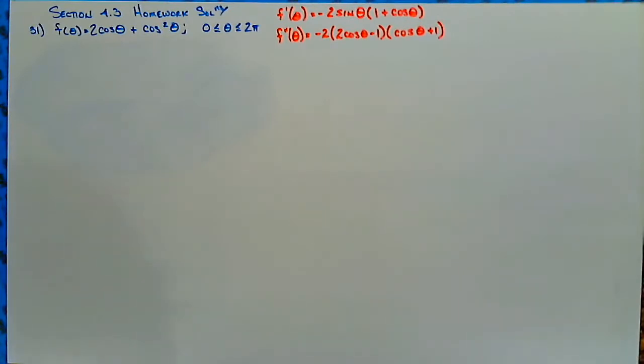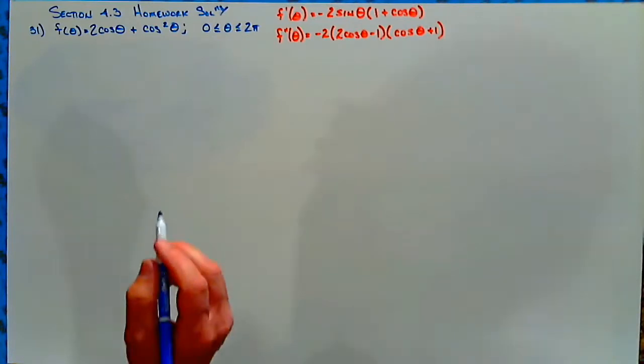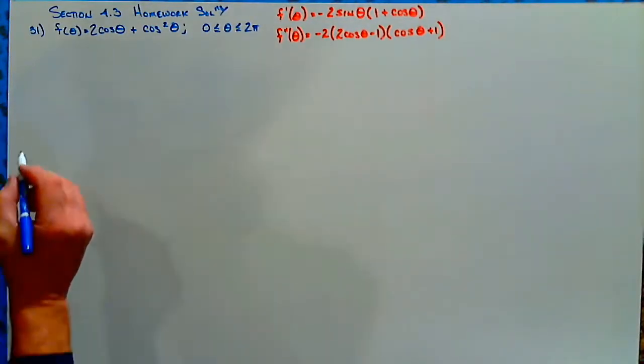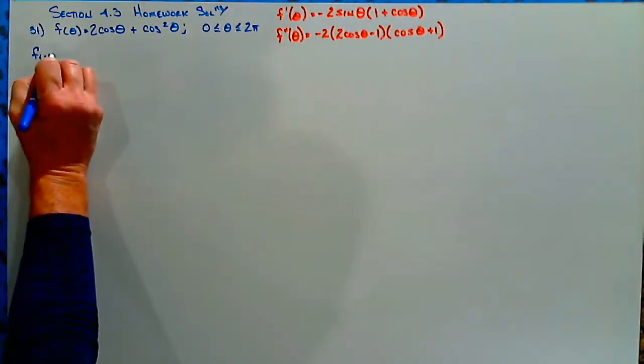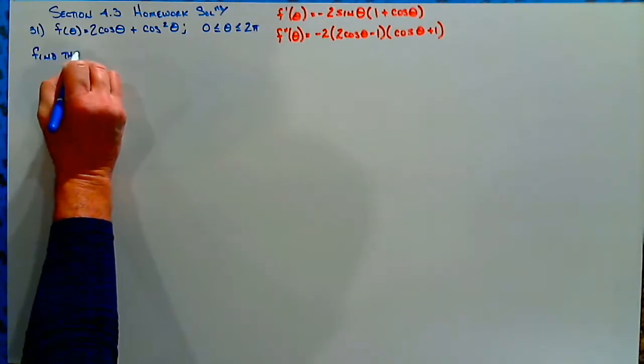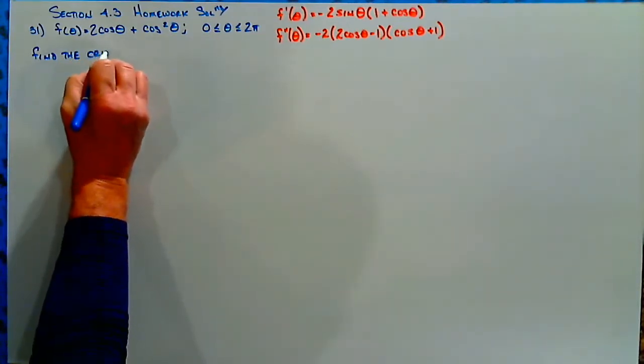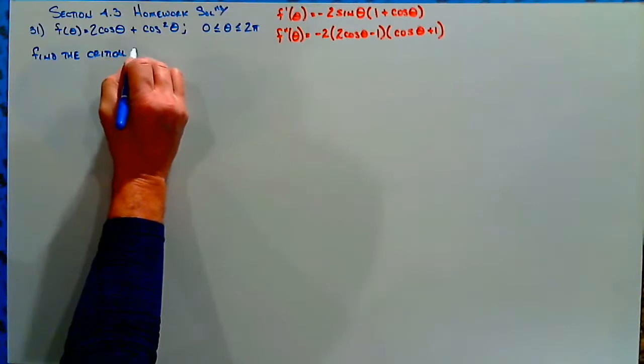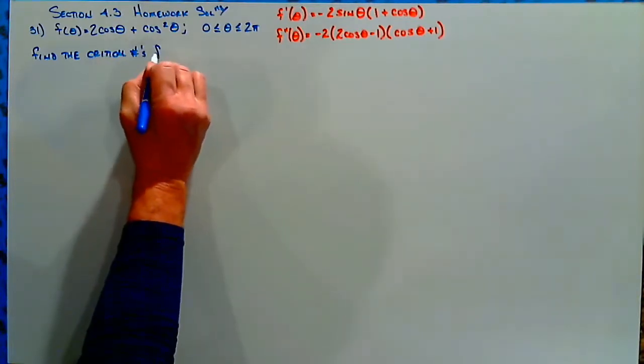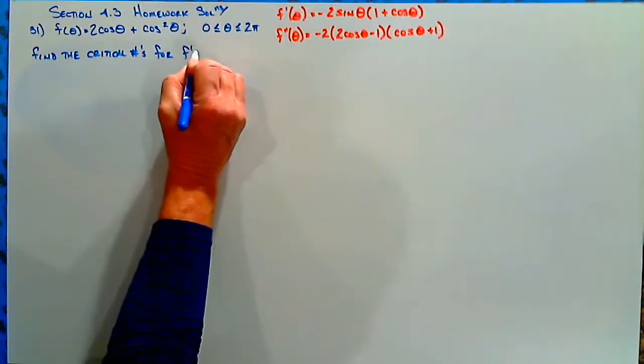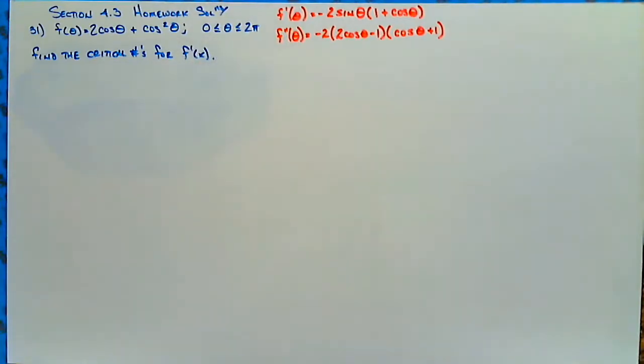So where do we go from here? Well, we're going to use our first derivative. We're going to take our first derivative and try to find the critical numbers for f prime of x, right? That's what we want to do. So how will we do that?